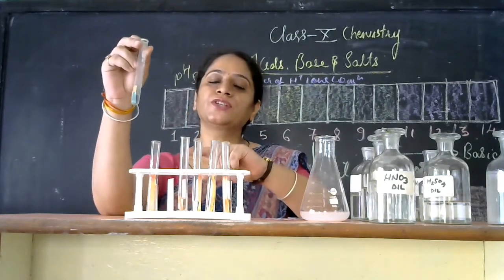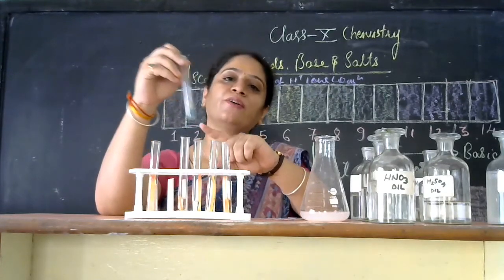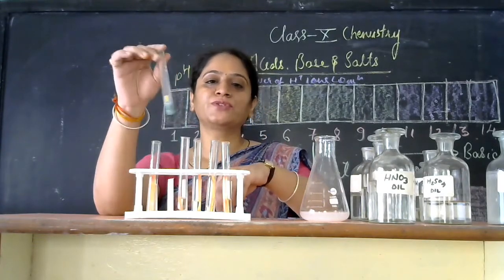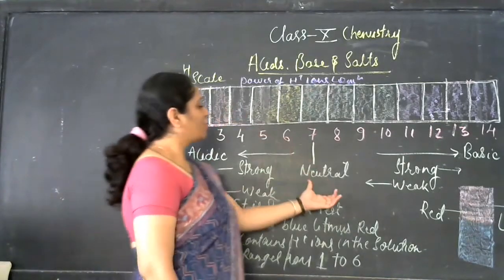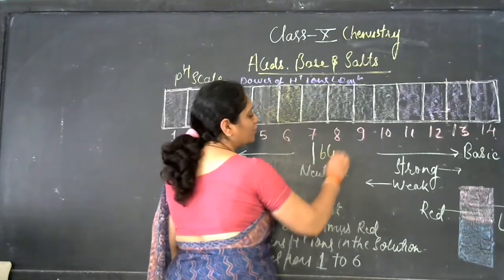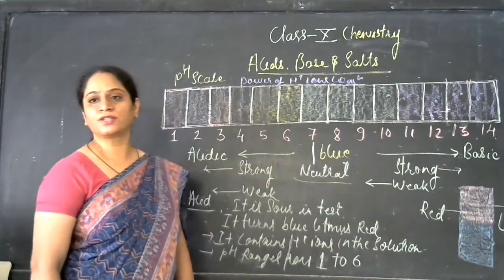So it changes to basic strength, and we can say it comes under the category of basic strength. These are the basic solutions. According to that, if the color comes to blue, we can say it generally comes under the category of neutral solutions.